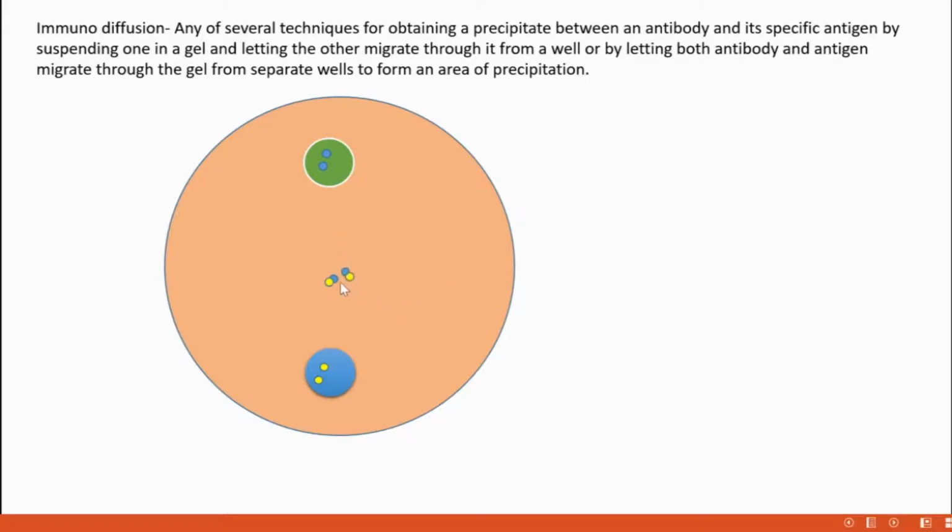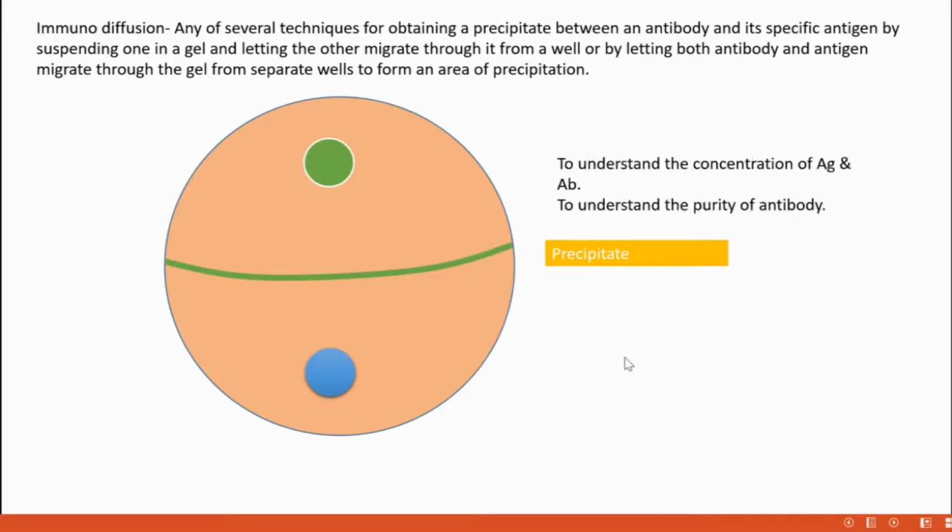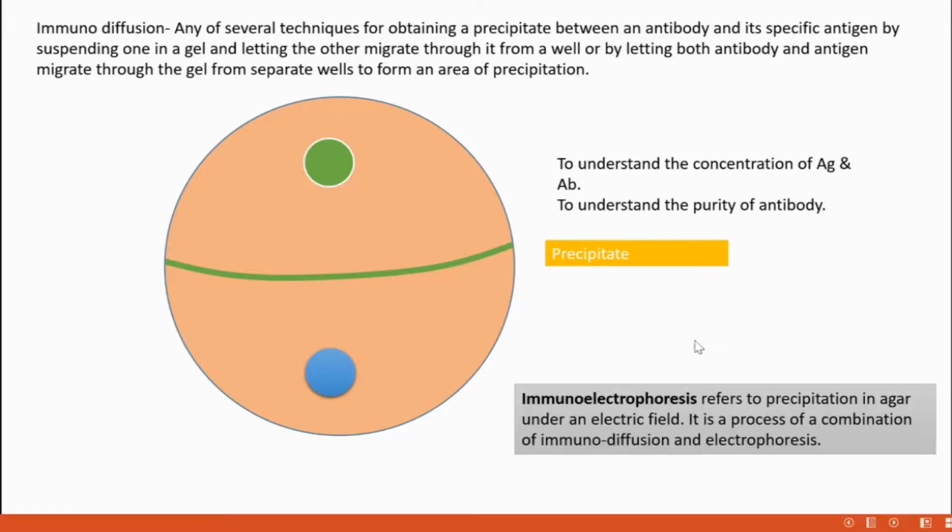It continues till they reach an equilibrium, and after reaching equilibrium a precipitate forms, which indicates that enough concentration of antigen and antibody is formed there. The application is that through immunodiffusion we can understand the concentration of antigen and antibody and also the purity of that formed antibody.